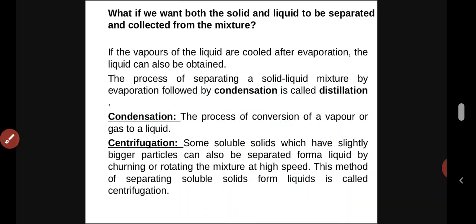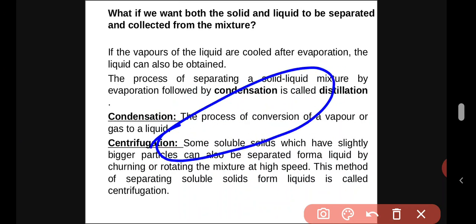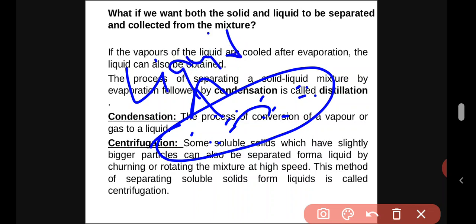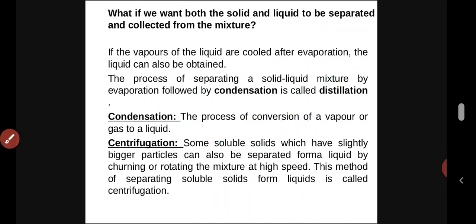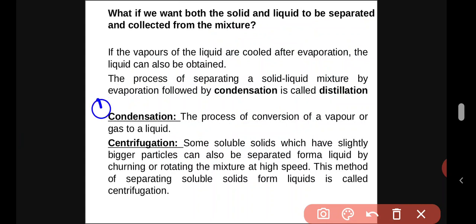So the lid contains liquid droplets. The liquid was converted into vapor, and now when we put the lid, it turns into liquid drops, which is again a liquid.